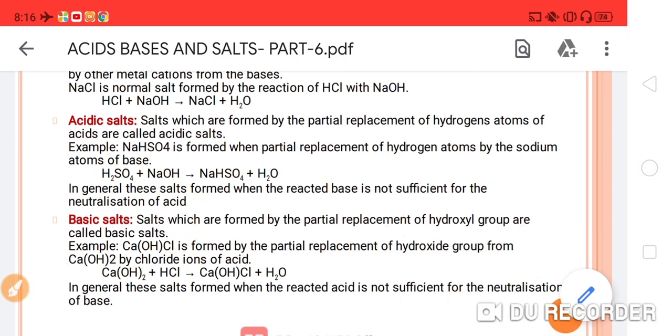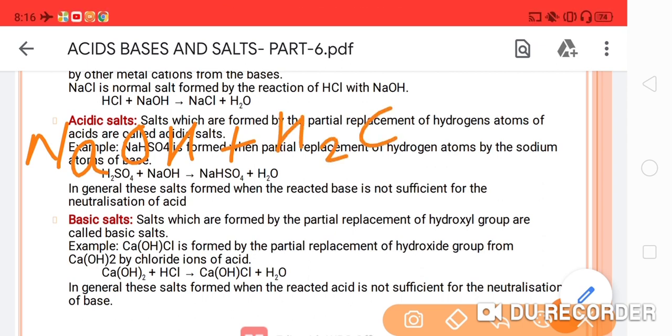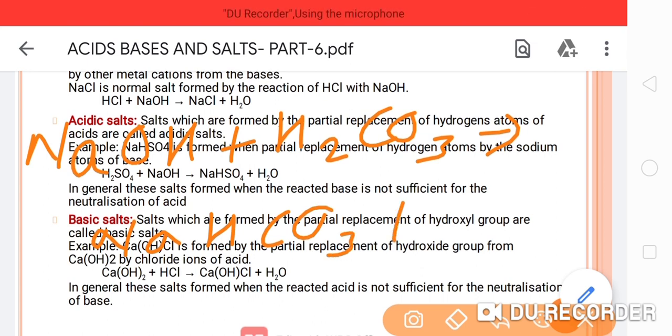So this is responsible. Similarly, if NaOH interacts with H2CO3, what will be the product? Let's see. NaHCO3 plus H2O.